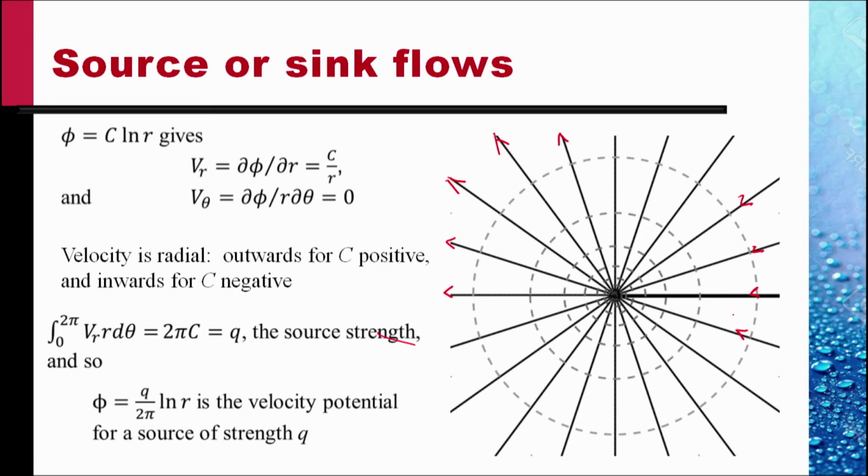If we find out the total volume flow crossing a circle of radius r, we can obtain it by integrating the r component of velocity multiplied by r d theta over theta from 0 to 2 pi, and we get this value as 2 pi c.